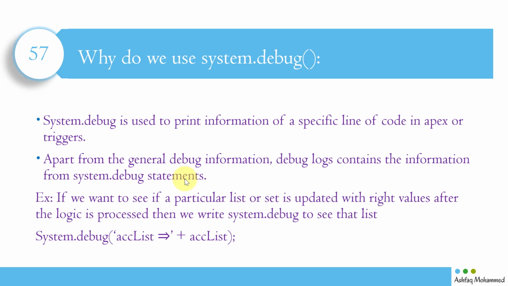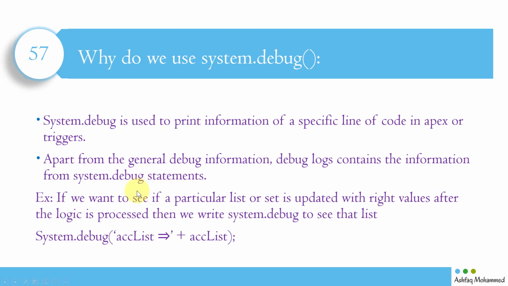I would suggest this because, as part of best practices, your lead will go and try to remove them and give you a comment in your code review saying that you have written a lot of debug logs. I suggest not to write too many debug logs, but wherever possible, in important areas, try to write debug logs in your classes.